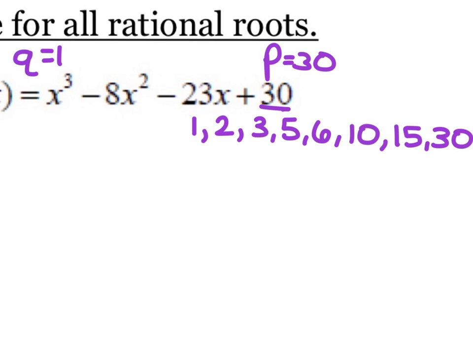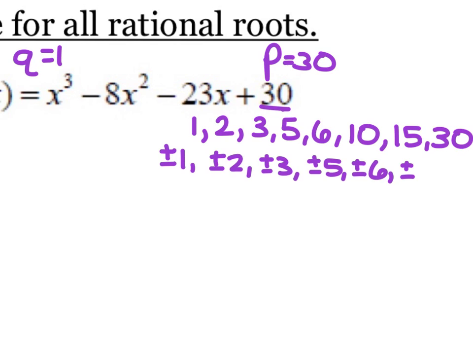Now all of these are going to go over 1 because the only factor of 1 is 1. That means that these are all going to be whole numbers, so I'm not even going to write the over 1. It's not necessary, but it is all positive and negatives. So really I need to do plus or minus 1, plus or minus 2, plus or minus 3, plus or minus 5. That just means that I could have an answer of negative 10 instead of just positive 10.